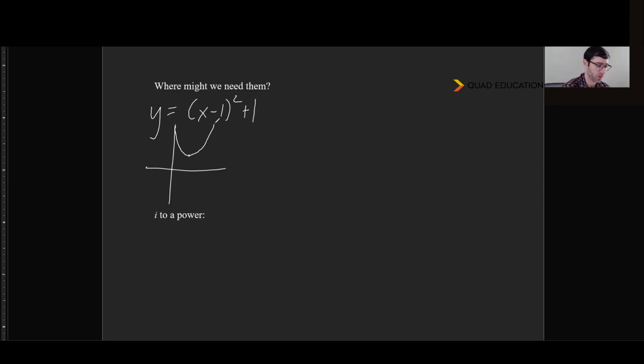The first thing we need to do is make sure this is in standard form, because the y equals ax squared plus bx plus c form is what we're going to apply to negative b plus or minus the square root of b squared minus 4ac, all over 2a.